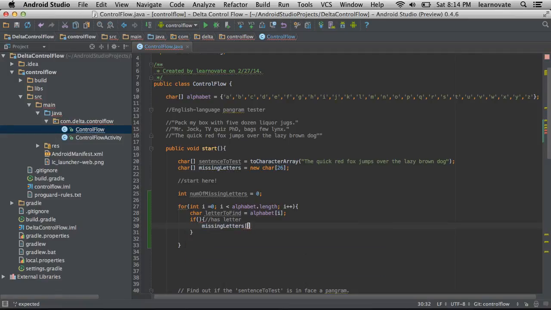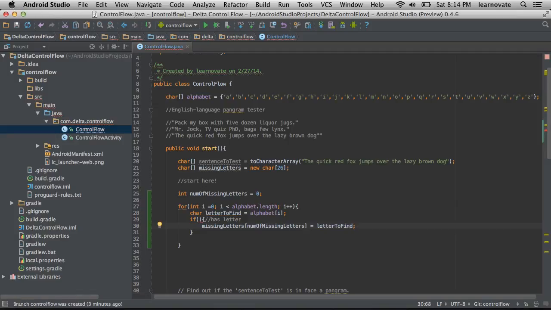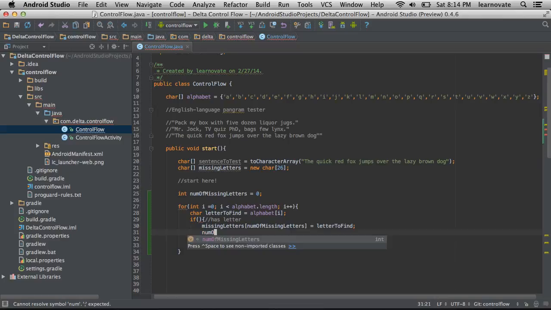I don't really know what that means yet. I just know at this point that I'm going to have to get something out of that alphabet array, and then if you have it, then do something. And I'm just going through the if I have it as being like, okay, I'll figure that out later.